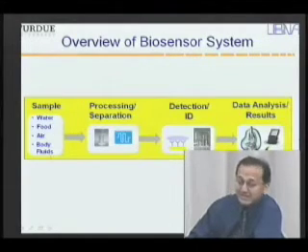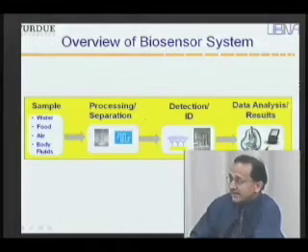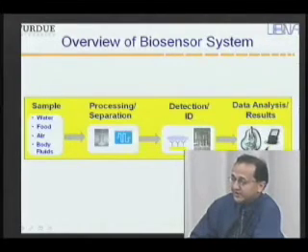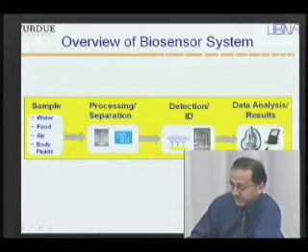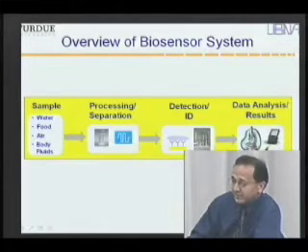And then you would have your actual sensor and perform your detection and identification and then provide the results. So all of this would be the components of a biosensor system, and this particular step right here is really what's performed in the biochips. There are also more and more reports of performing processing and separation of samples on a chip.